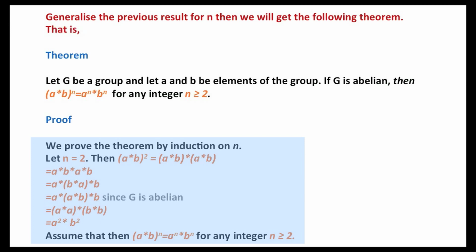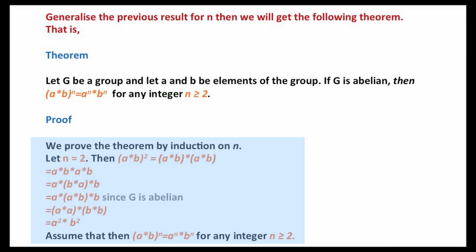Let n equal 2. Then (ab)^2 is equivalent to abab, which is again equivalent to aabb, since G is abelian.